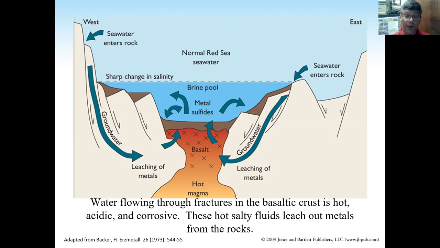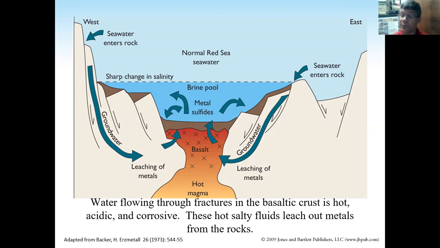Other things may dissolve in the water and be carried with the water as it trickles its way through, comes back up to the surface as hot springs on the sea floor. This can produce areas of extreme high salinity and high temperature water, and this has a number of important effects.